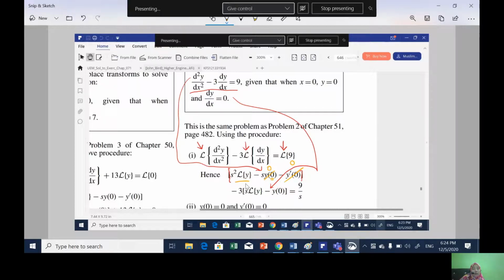For the first ODE, this one will be 0, then we have -3 times s left. So the simplified form will be s squared L{y} minus 3s L{y} equal to 9 over s.